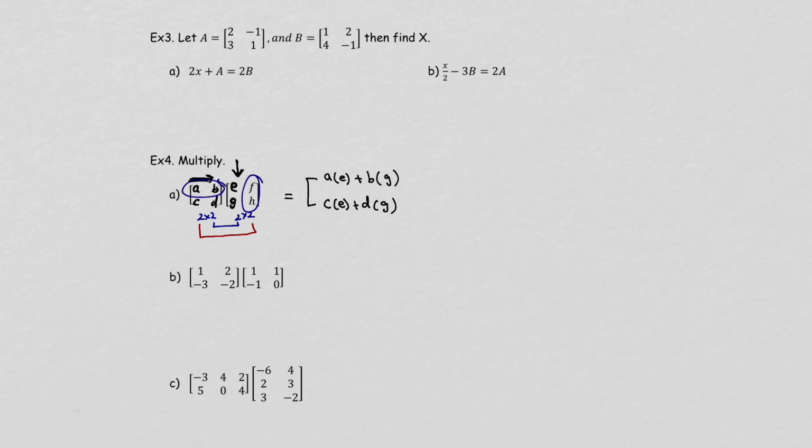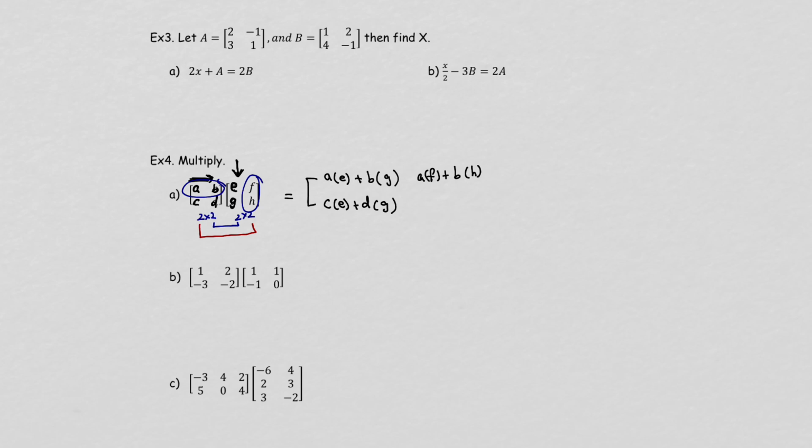First row, second column, so you're going to use these two. So then you're going to get A times F plus B times H. If I wanted to get this one right here, it's going to be second row, second column, right?